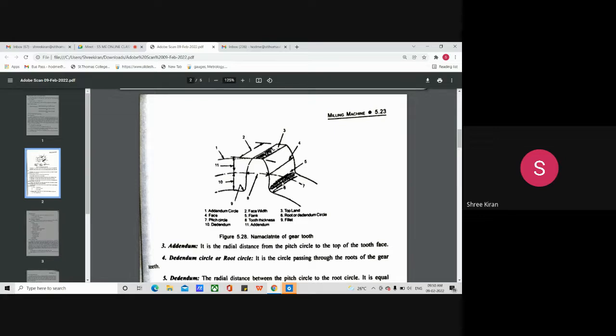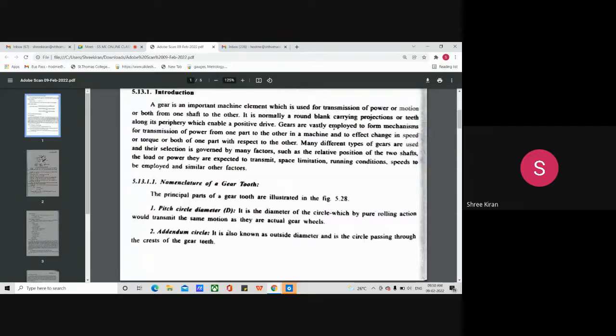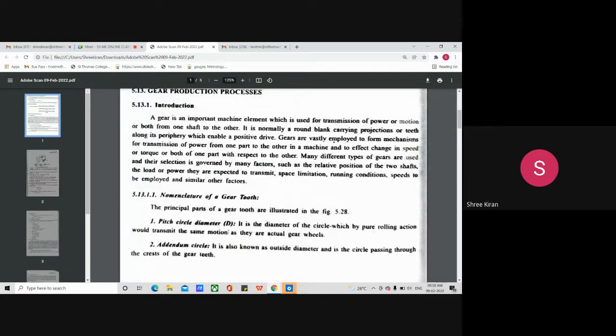You can see it is the seventh one, the pitch circle diameter, always represented as capital D. It is the diameter of the circle which by pure rolling action would transmit the same motion as the actual gear wheels.